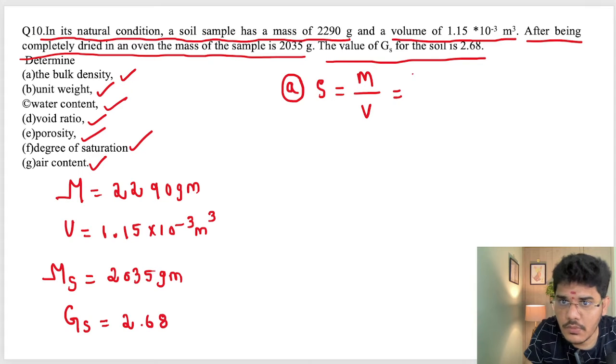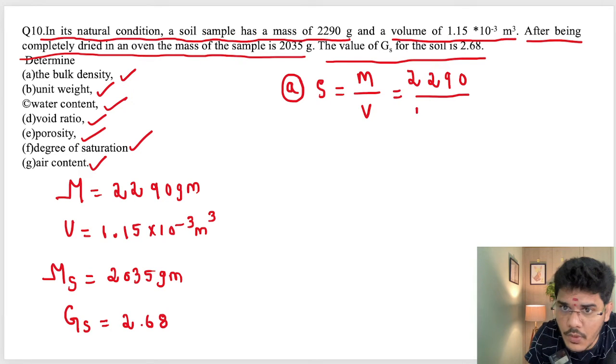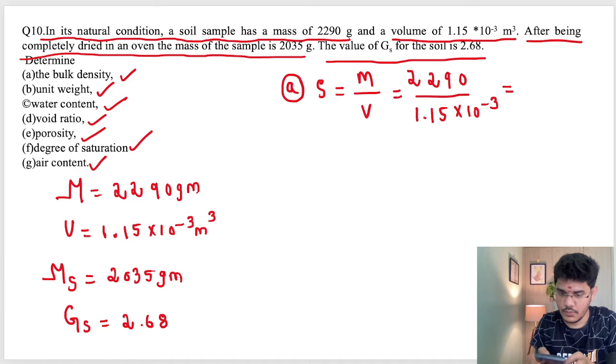Bulk density is 2290 divided by 1.15 into 10 to the power of minus 3.